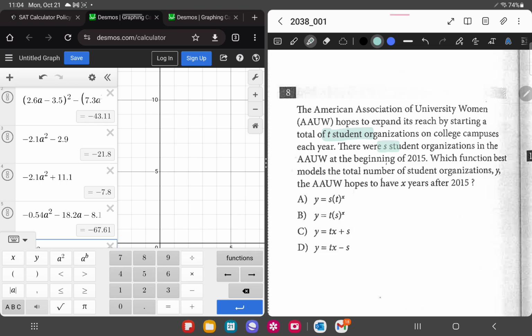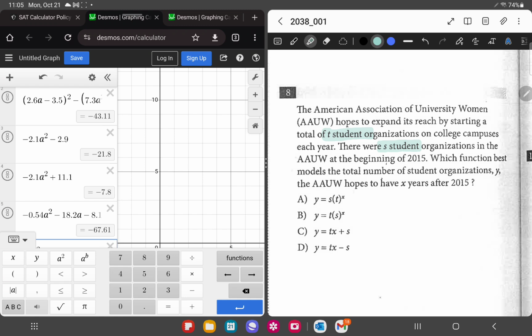There were S students at the beginning of the organization in the AAUW at the beginning of 2015. Which function best models the total number of student organizations Y that AAUW hopes to have X years after 2015? So this is just a handful whenever you read it.